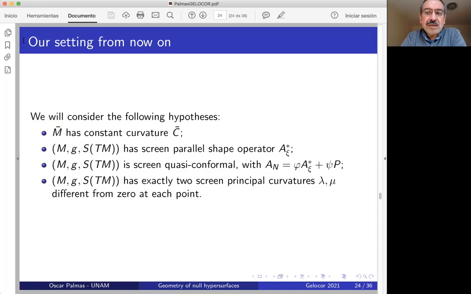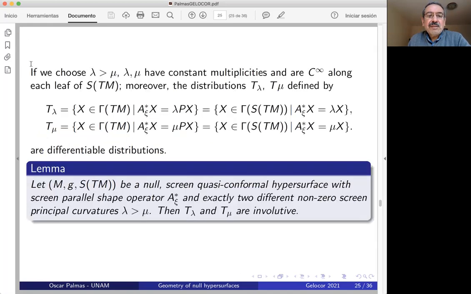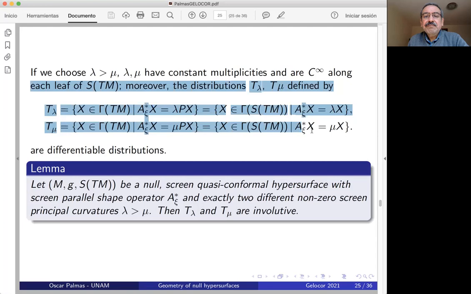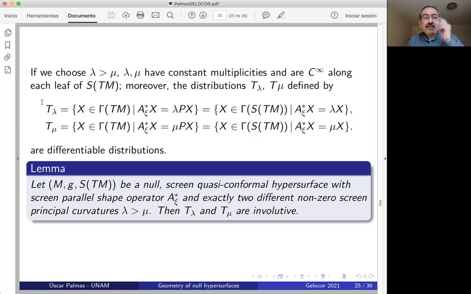So now we can give more details here. Just remember our hypothesis. M bar has constant curvature, and the null hypersurface has screen parallel shape operator, is screen quasi-conformal, and has exactly two screen principal curvatures different from 0 at each point. With this hypothesis, we define these distributions here, the distribution corresponding to each eigenvalue.